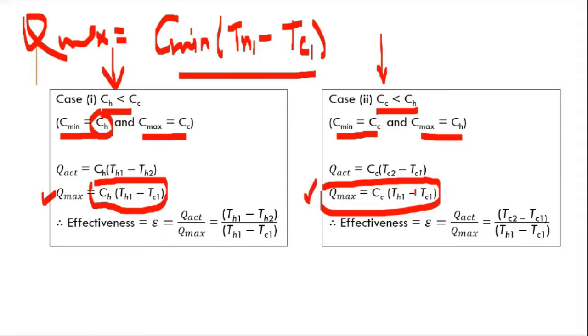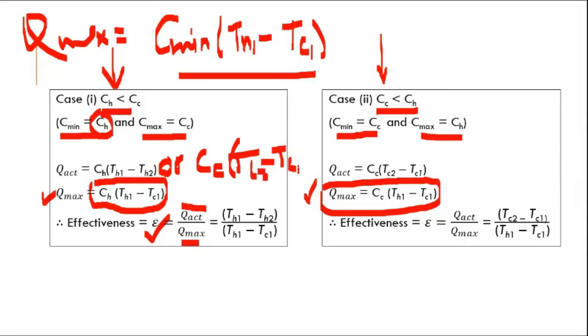We will try to find out effectiveness for both the cases. So here effectiveness is equal to Q actual by Q max. For Q actual value, you can use whatever relation you want. If you want, you can use CH TH1 minus TH2, or you can also use CC TC2 minus TC1. It depends upon you which relation you want to use.